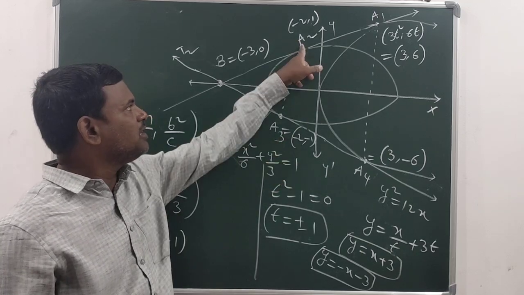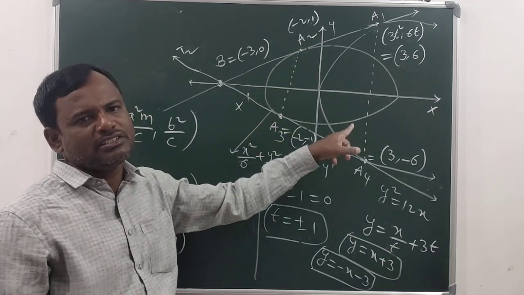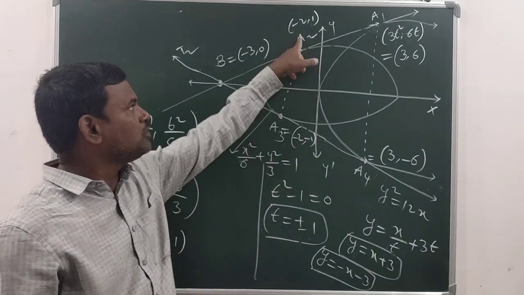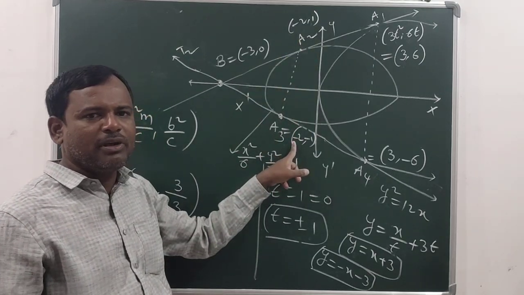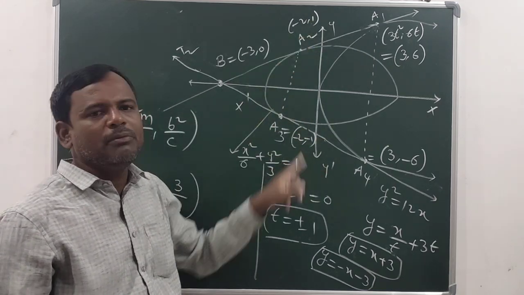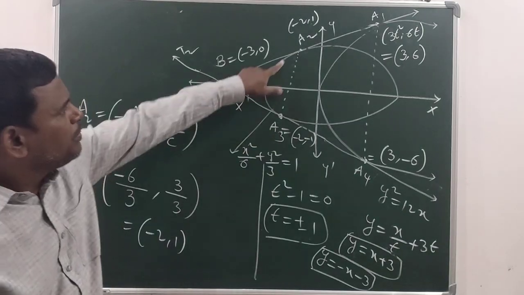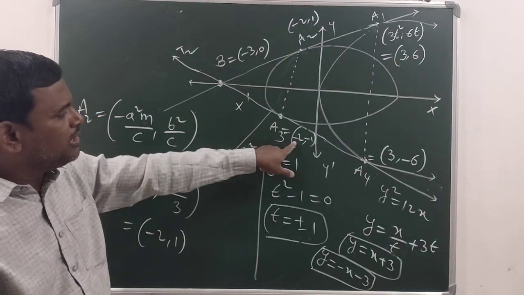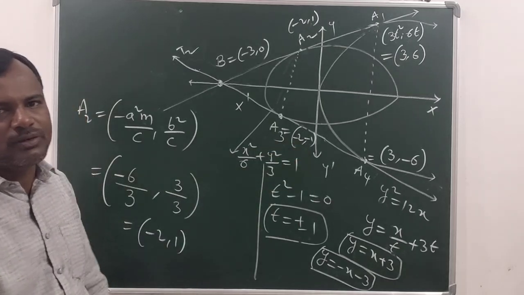A3 is the image of A2 with respect to x-axis. So vertical line x coordinates is same. Here minus 2, directly you can write minus 2. Here image of this one in x-axis will be minus 1 you will get. So because this distance is same. It belongs to the third quadrant, hence you will get minus 2 comma minus 1.